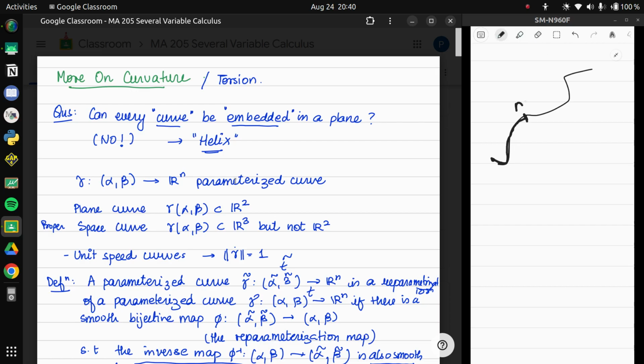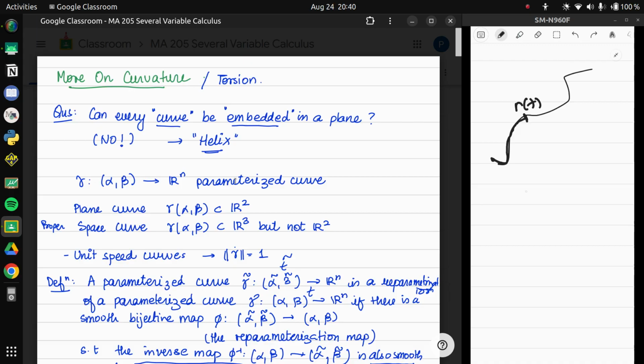This could be r of t, where r is a point in 2D, so r(t) is in R squared. But you can similarly write this as r tilde of s, where r tilde is a reparameterization. We call it a unit reparameterization. In any case, r of t is a parameterization of this curve.